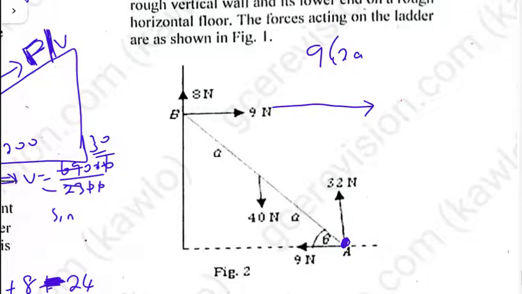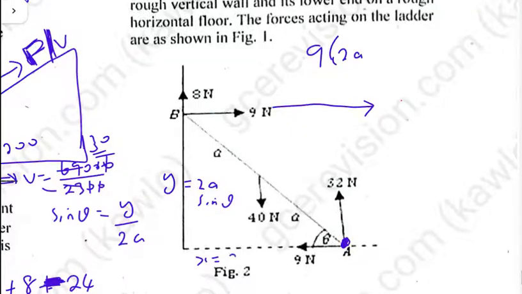So sine theta will be equal to this distance, let's call it y, over 2a. So y will be equal to 2a sine theta. Therefore x will be equal to 2a cos theta.